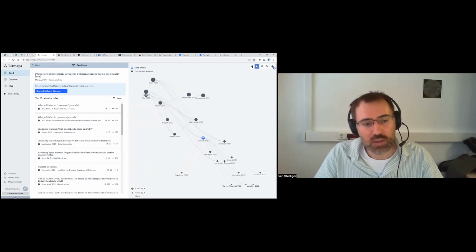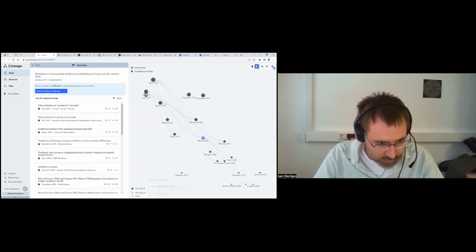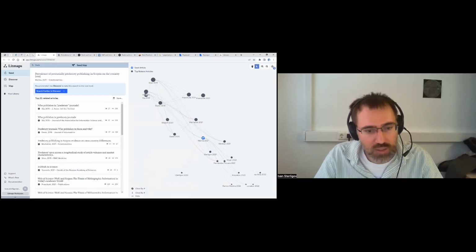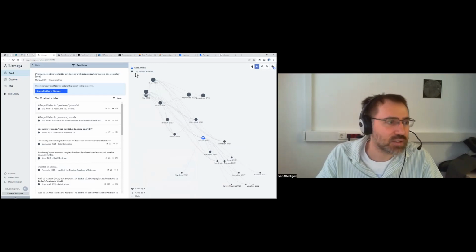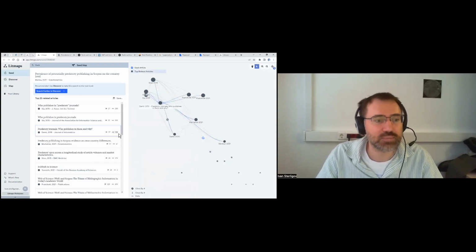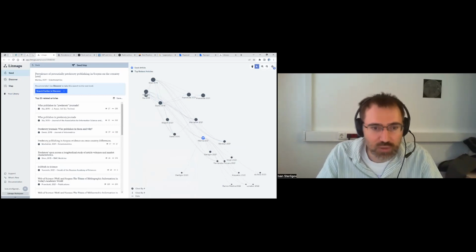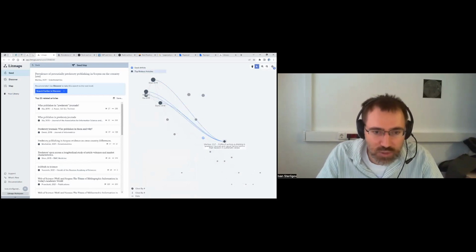We can change the axis. Here it's the date and number of citations. Still, it's an interesting tool for such graphical exploration using these maps.